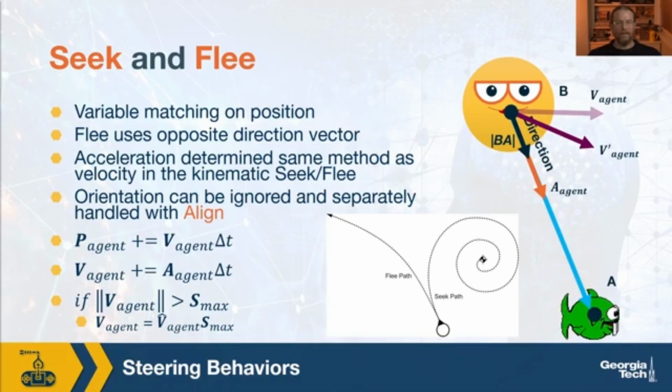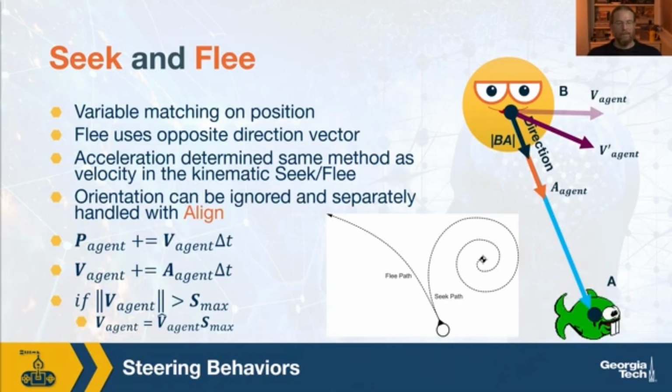Now, fleeing is going to be the opposite of that. So whatever the vector towards a location of interest is, we would just want to go in the opposite direction. So in terms of determining the relative vector, we can just swap the order of the 2 points when we're calculating the relative vector to flip them.